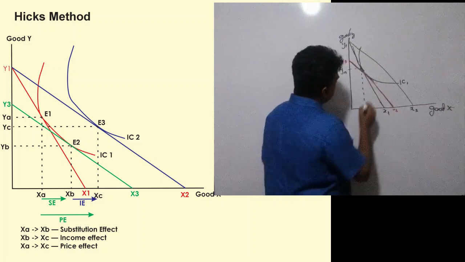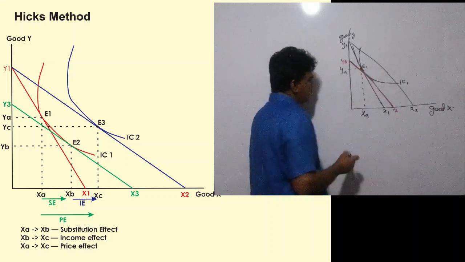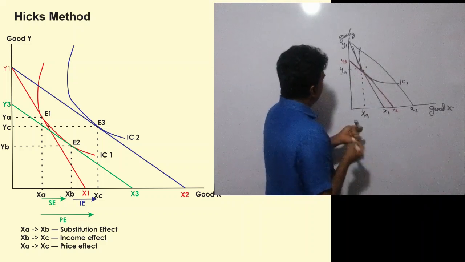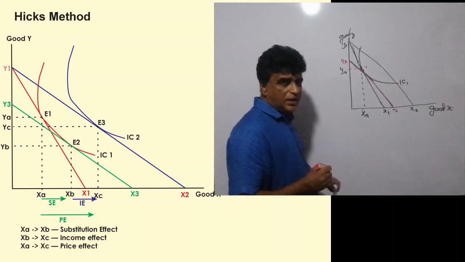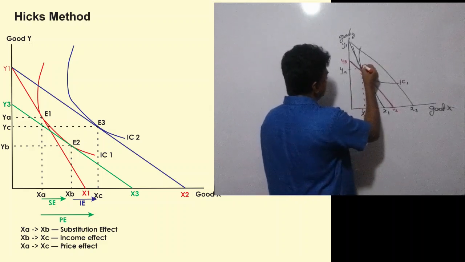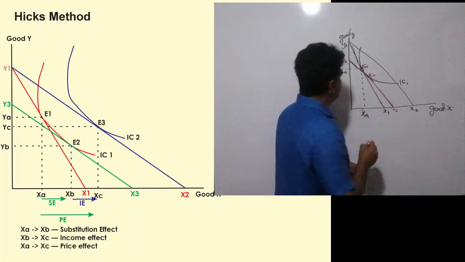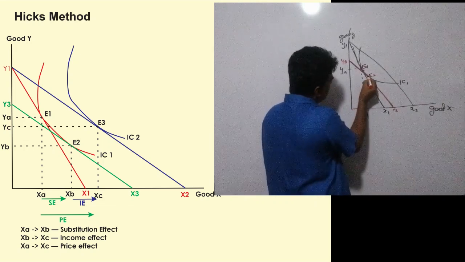Here the consumer equilibrium is at, I'll say, the E1 level. The consumer is in equilibrium at the E1 level on the initial budget line and the indifference curve, equilibrium 1, and here the consumer is in equilibrium at E2. What is happening then?